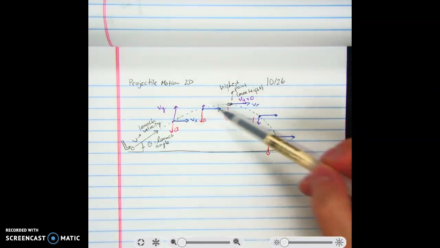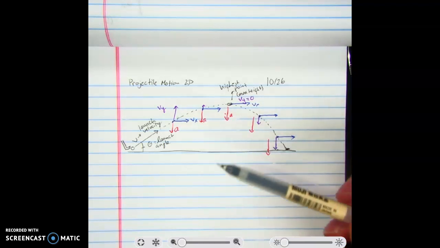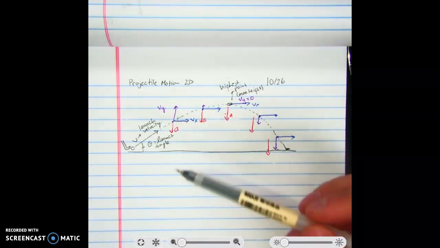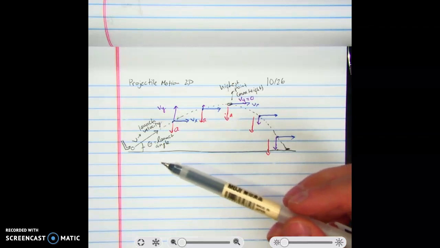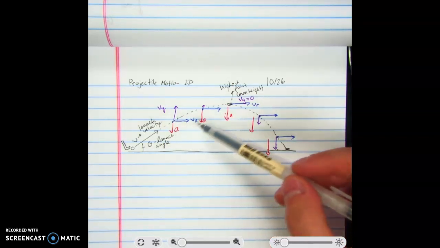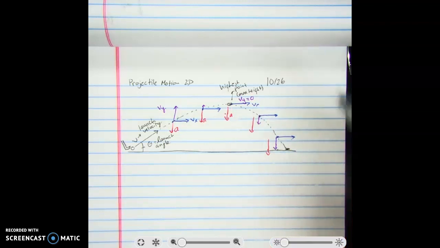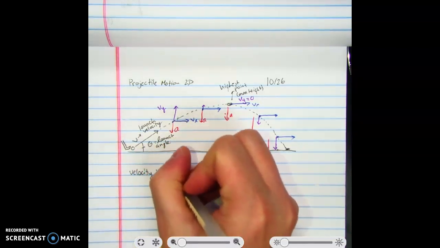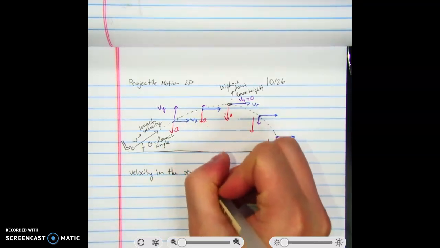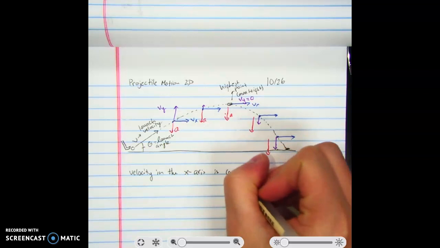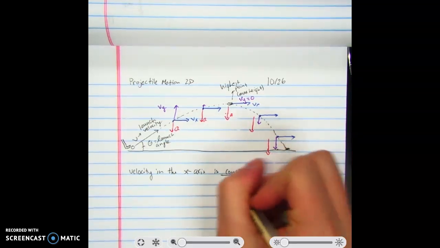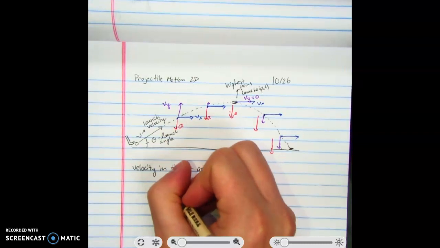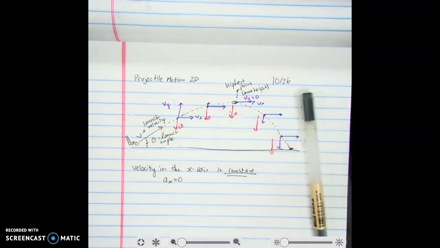A couple of things to keep similar. For the x-axis, notice how I drew it all the same. Remember, for what we're looking at, there's never any air resistance, so there's nothing to counteract the x-axis. It's always going at that same rate. So your velocity in the x-axis stays constant.